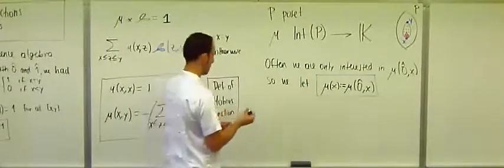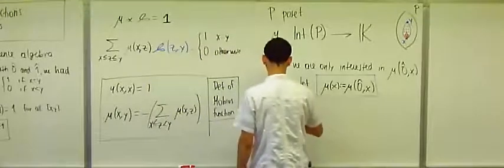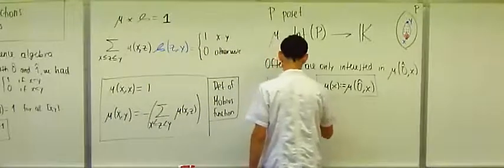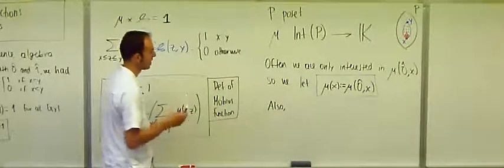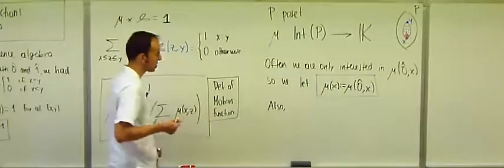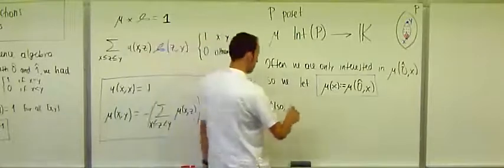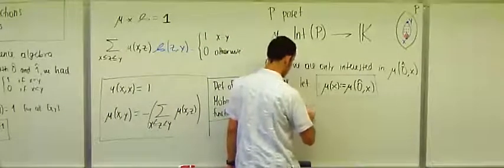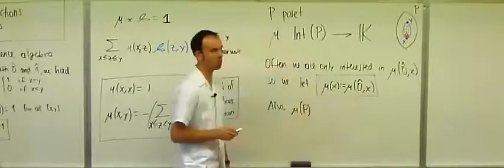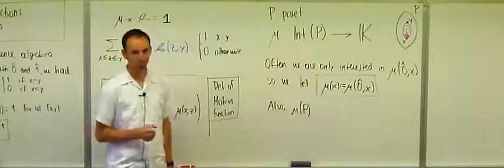And the other thing that we define is that, I mean, this is not the best notation, but this is what people do. So also sometimes you see mu of P, mu of the poset.